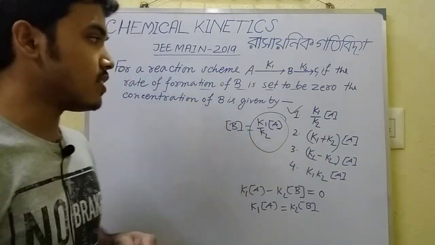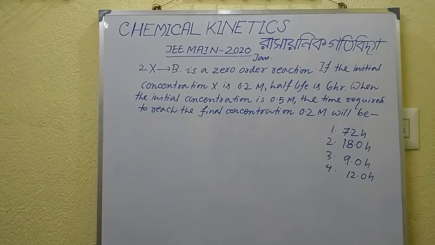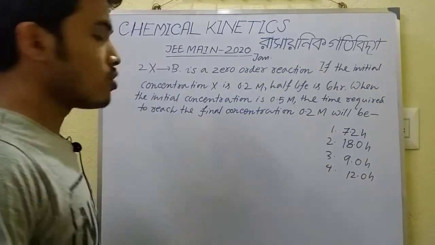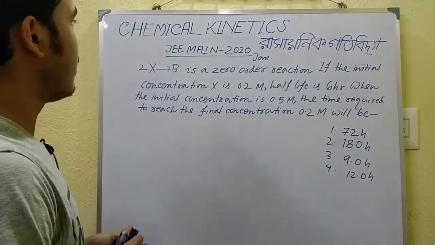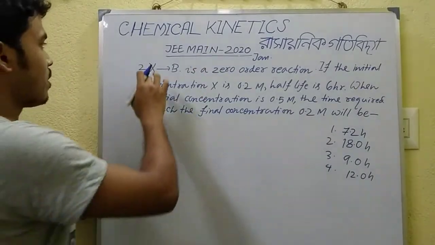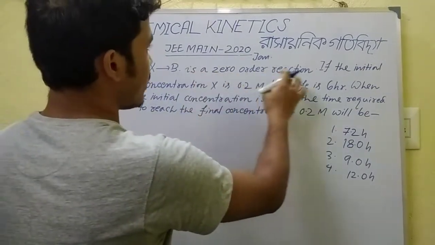Okay, so let's see the third question. So this is the third question of this series, and this is from JEE Main 2020 January. So the question is 2X to B, a reaction is given here, is a zero order reaction.